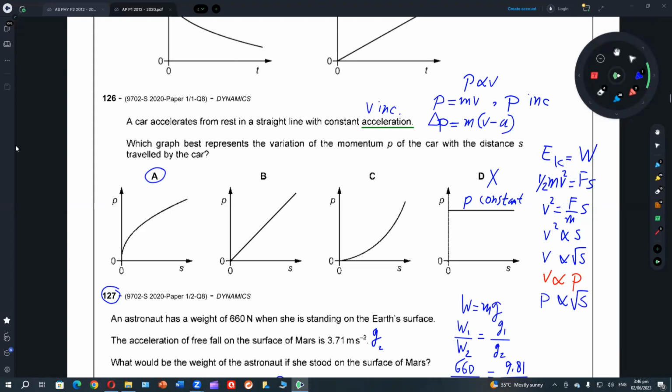And you see now that momentum is actually proportional to under root s. This is a mathematical relation. So we selected this one.